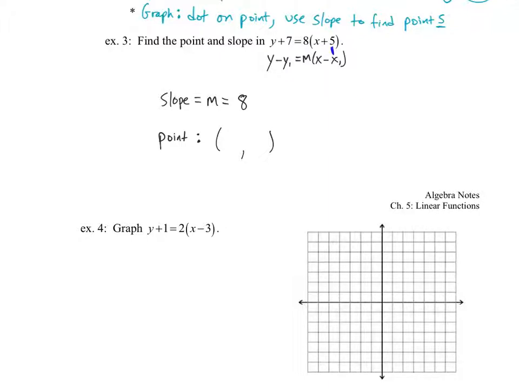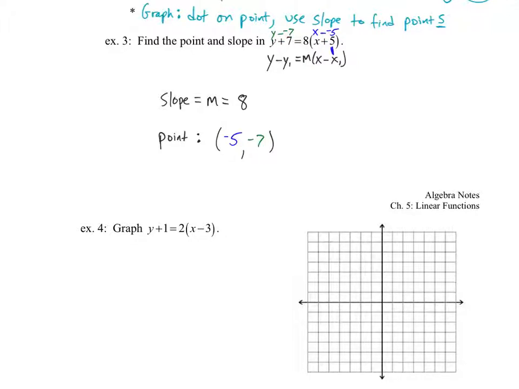Do you agree plus 5 is the exact same as x minus a negative 5? So my x1 is going to be a negative 5. My y1 is going to be similar, that I have this y plus 7, the same as y minus a negative 7. So my point is going to be negative 5, comma, negative 7. So you could go through and do the x minus the negative.